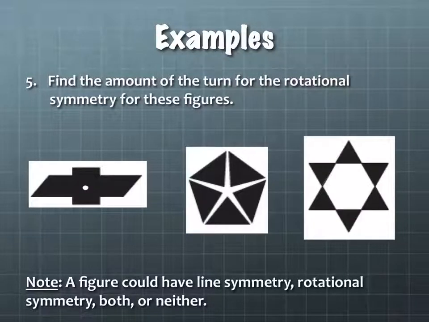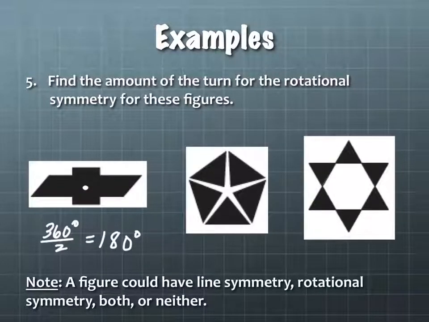If you rotated this around its center, like spinning a spinner on a game board, 180 degrees, it would land on itself. So this one would be 360 divided by 2, because the left half and the right half, or the top half and the bottom half, are 2 images that are similar. So you get the 180 on this one.